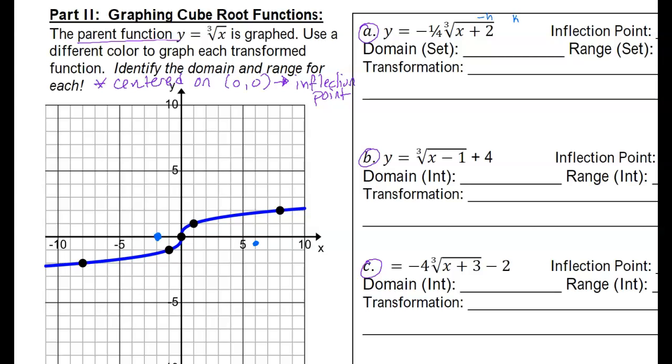Do you guys not understand what I mean by half point? 6, -0.5. Yeah, that's the one that I graphed.